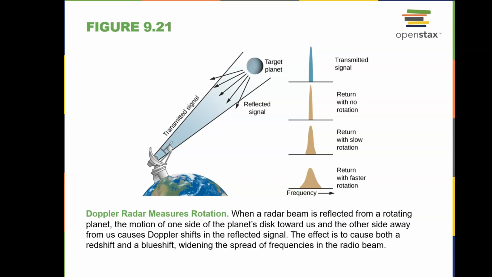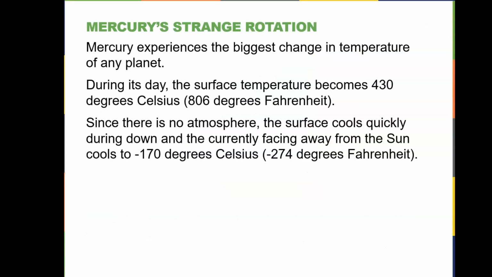Here we can see the radar observations used to determine Mercury's rotation. We had to use this rather than just observing Mercury, since Mercury looks the same from any side visually. Mercury experiences the biggest change in temperature of any planet.